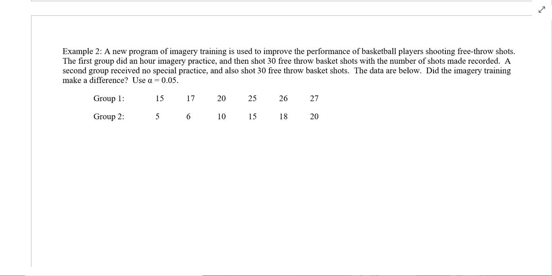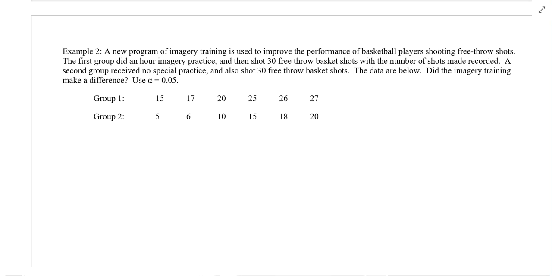Are these the same people? Just these first two shots, like one made 15 and one made 5, are those linked in any way? And the answer is no, they're not linked. They just happen to have the same number. There's 6 people in each group, but the first record is just for that first person who shot in group 1 and the first person who shot in group 2. They're not linked. So these are going to be two independent samples.